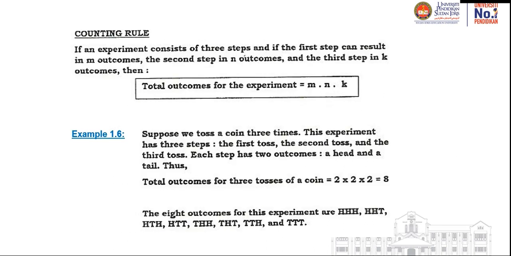Okay, next, the second part of this video is about the counting rule. If an experiment consists of 3 steps, and the first step can result in m outcomes, the second step in n outcomes, and the third step in k outcomes, then the total outcomes for the experiment will be m times n times k. Suppose the experiment is to flip a coin 3 times.